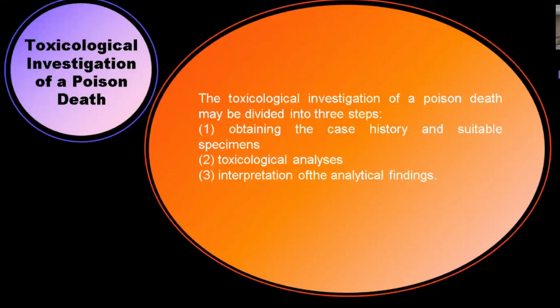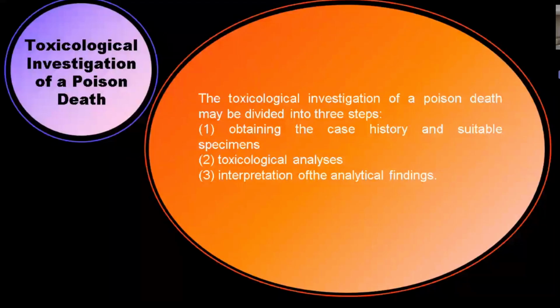Then we will talk about the toxicological investigation in case of a death due to poison. This toxicological investigation is divided into three steps. So first of all, we should obtain the case history and the suitable specimen.